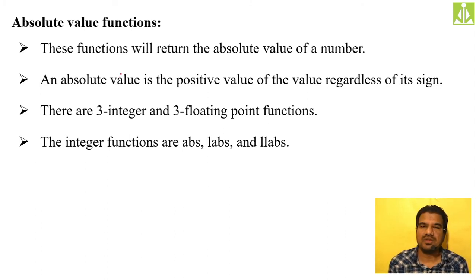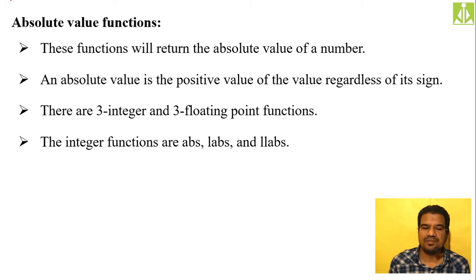We may be aware of absolute value from mathematics: it is the positive value regardless of the sign. If you find the absolute value of a negative number you always get a positive number, and for a positive number you get the positive number itself. So absolute value always means a positive value regardless of its sign.